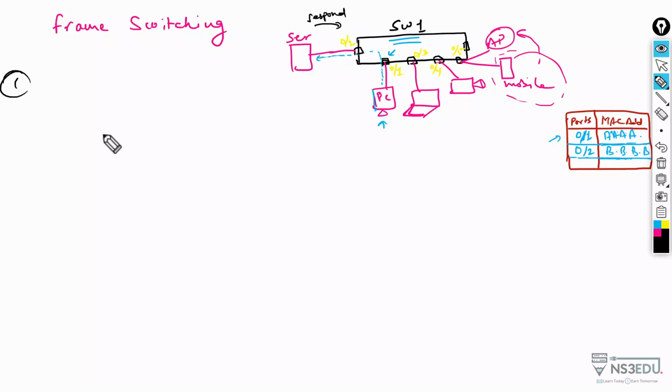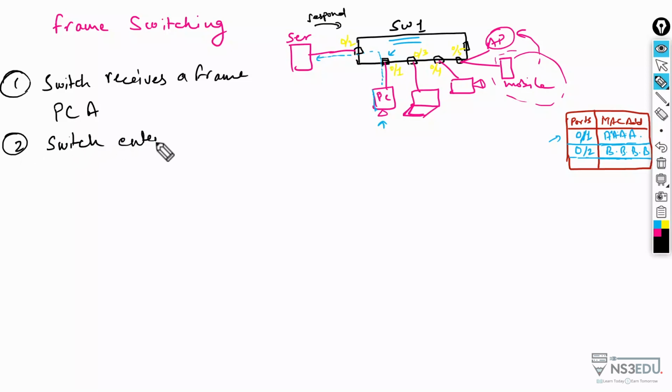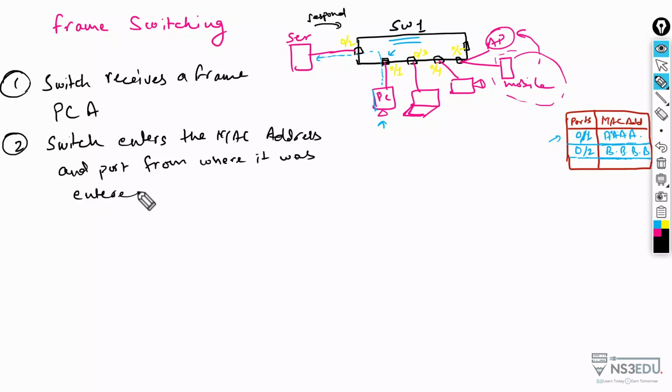Whenever a switch receives a frame from PCA, yes, this is the most important thing, and the very first thing that it does is the switch enters the MAC address and the port from where it was entered, right?